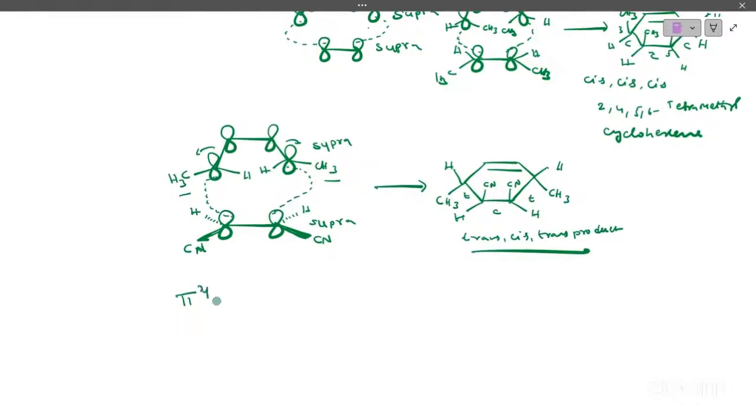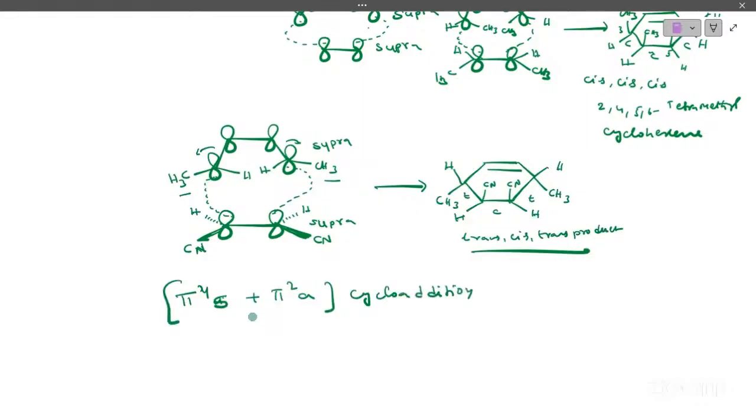The second stereochemical mode is the 4pi s plus 2pi a cycloaddition.